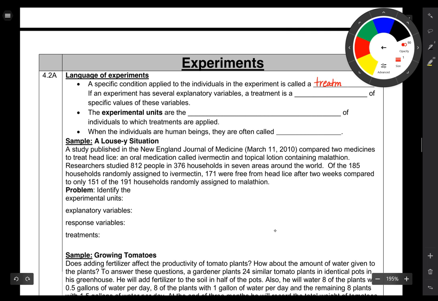So, a treatment is imposed. What kind of treatment? There can be lots of kinds of treatment. If an experiment has several explanatory variables, a treatment is going to be a combination of specific values of these variables. And we'll do an example problem, so you'll see a combination.